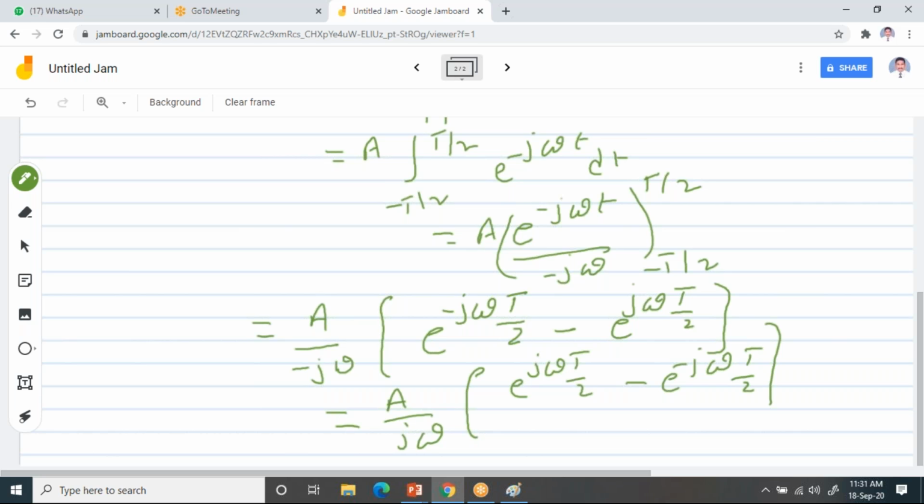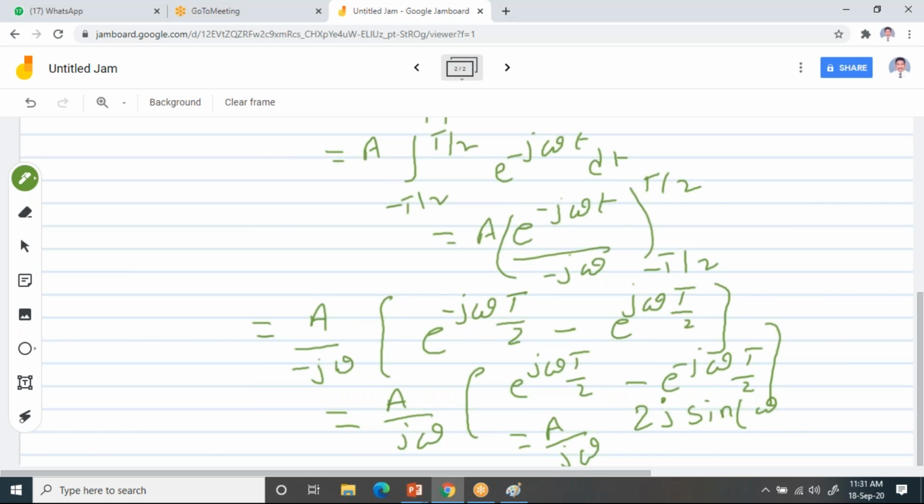Now if you observe this, it looks like e power j theta, and this looks like e power minus j theta. Then how can you write e power j theta minus e power minus j theta? You can write this as A by j omega times 2j sine omega T by 2.